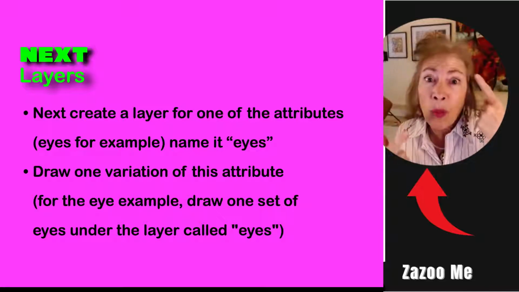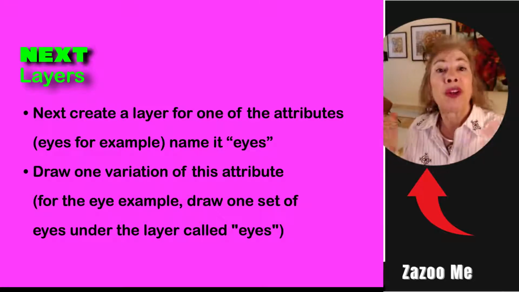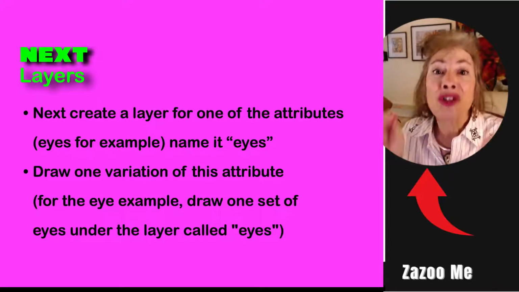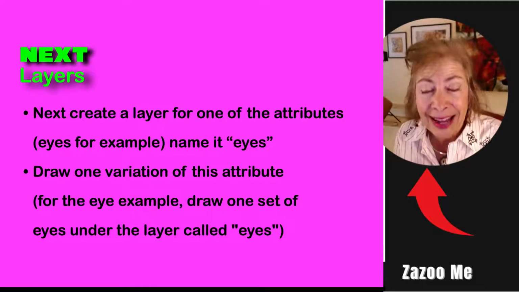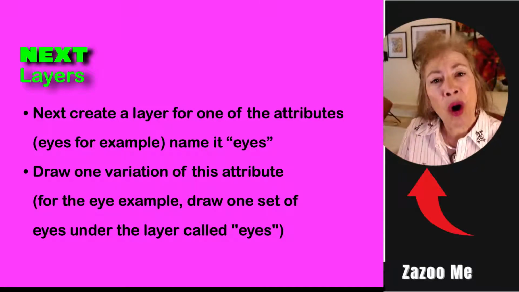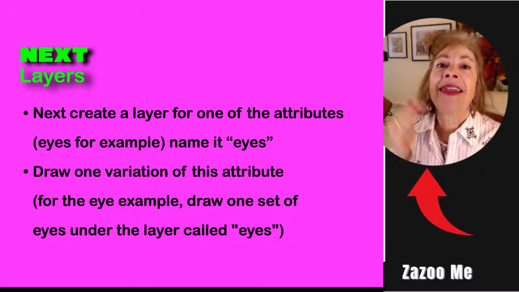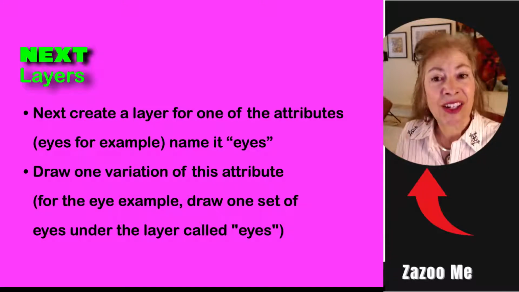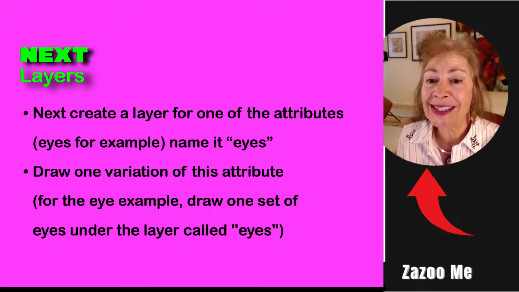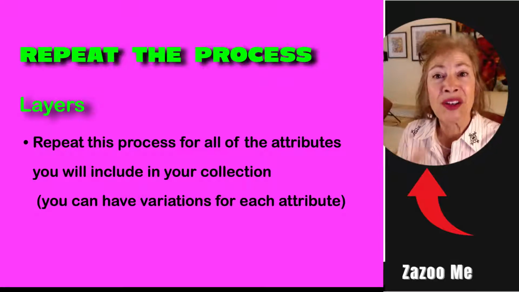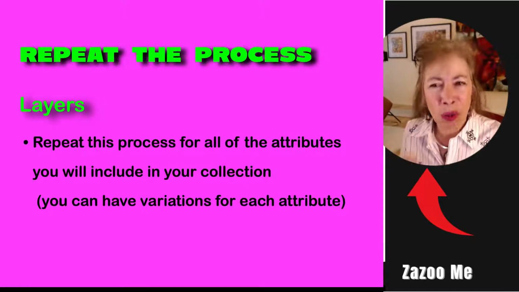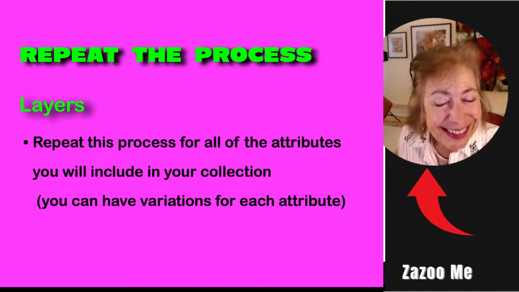Maybe it's one brown, one blue eye, whatever it is that you are creating, be sure you label it that. This is part of the rules that you will be entering into the software, and you want to be consistent with what you are doing so that it generates what you want. Repeat the process. It's that simple.